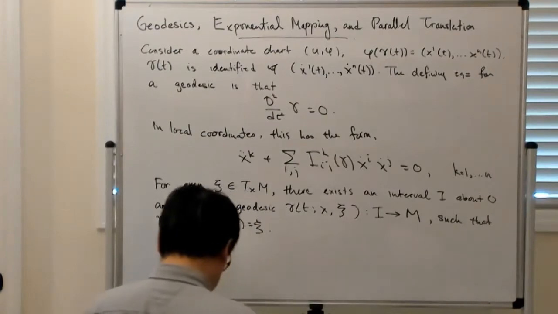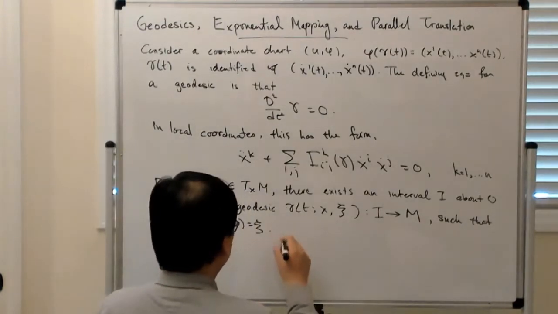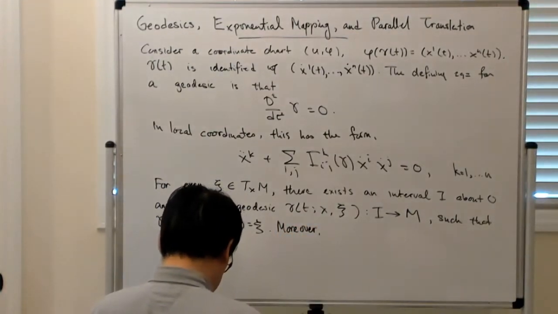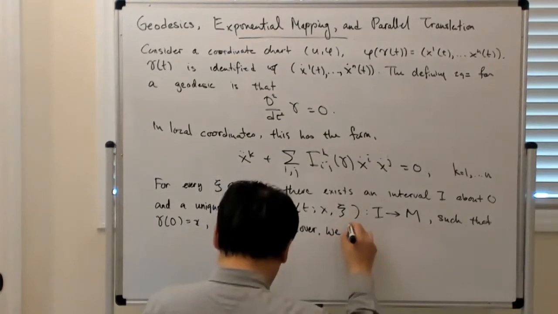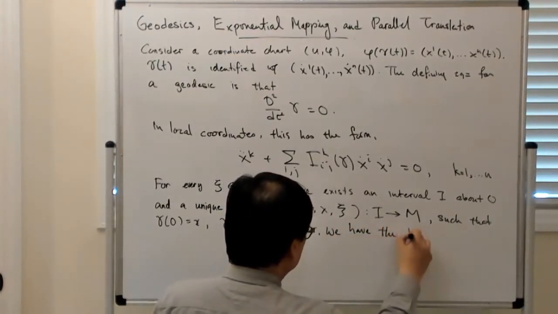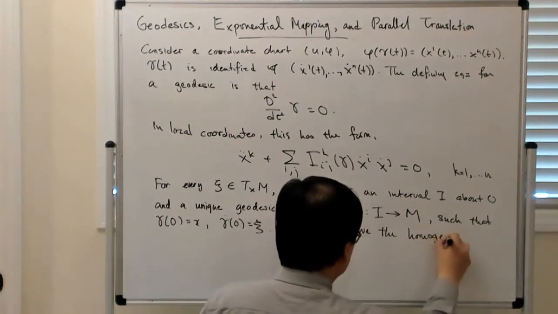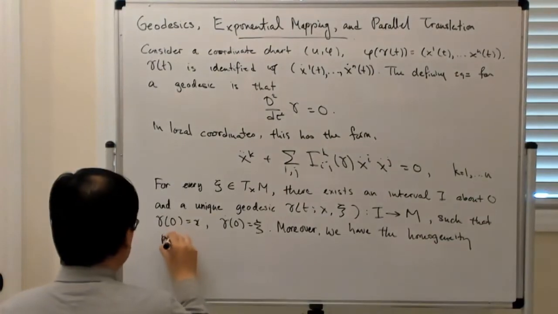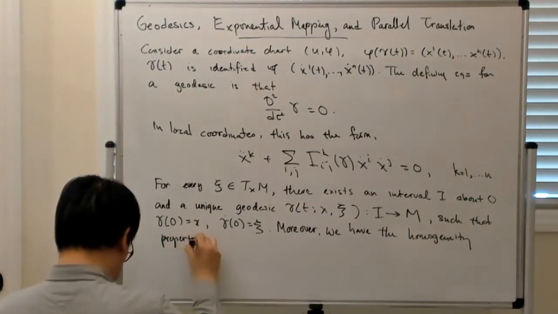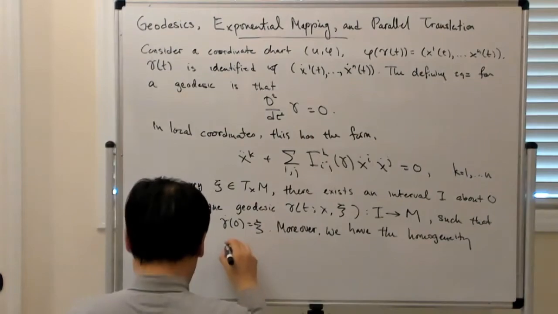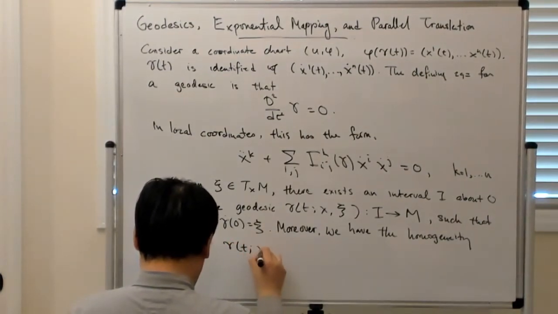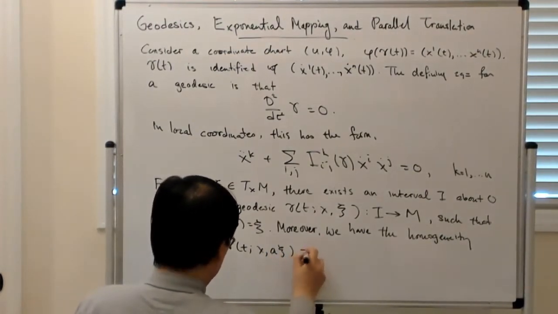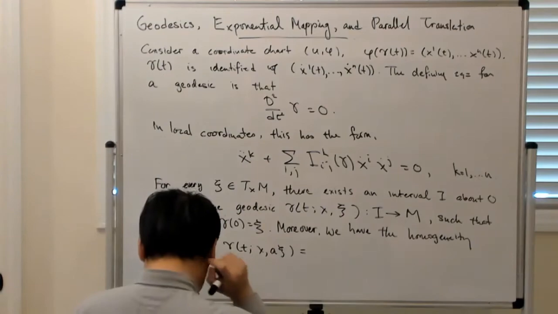Okay, so there are other properties of this curve. Moreover, we have the homogeneity property: if you rescale the initial velocity, that is related to rescaling the time.